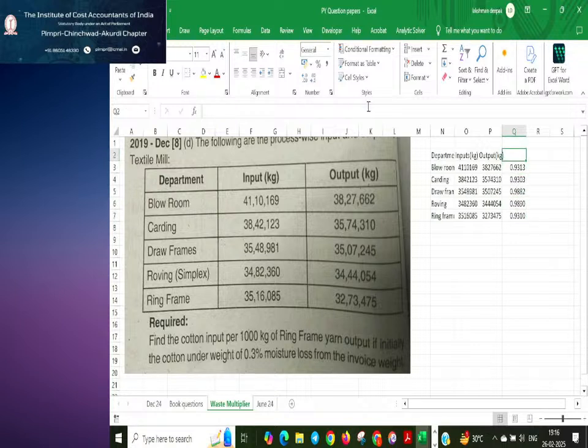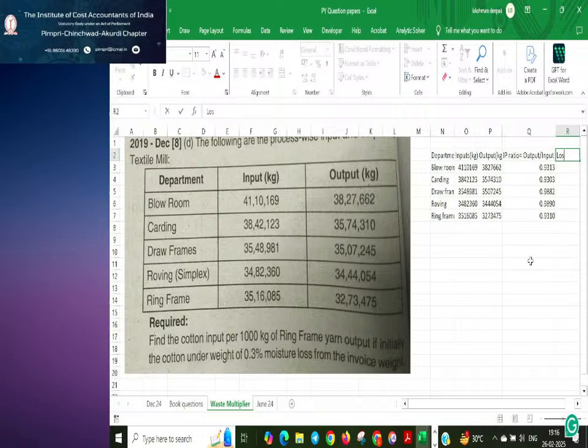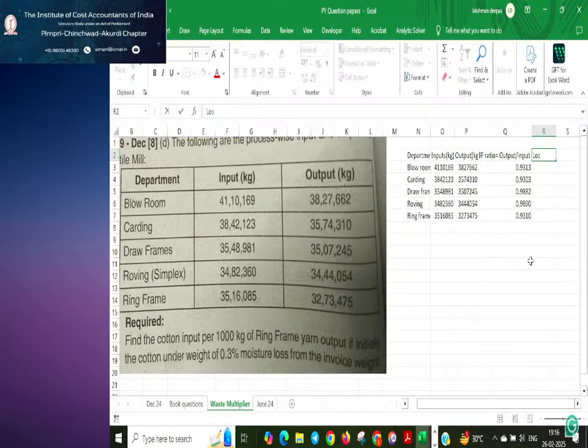So this is input output ratio. We call it IP ratio, which is equal to the output divided by the input. So what is my loss out of this? This is called loss percentage. This much is my output and this much is my input.